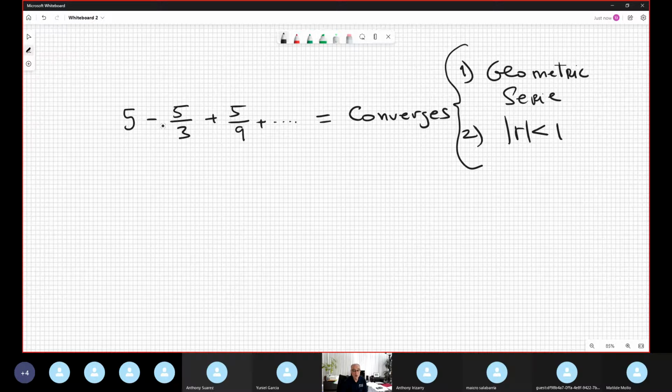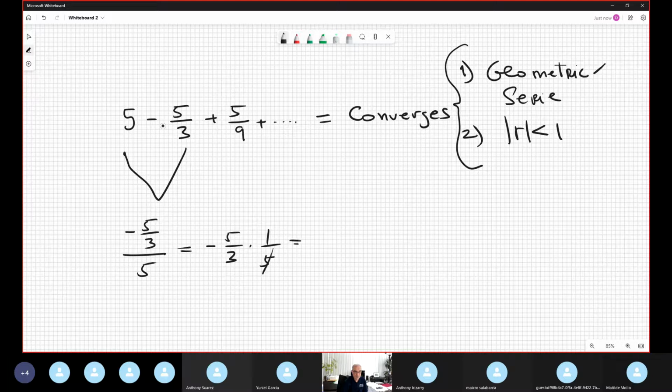I need to find what point it converges to. To determine if it's geometric or not, you divide this by this. It's negative 5 over 3 divided by 5, which is negative 5 over 3 times 1 over 5.